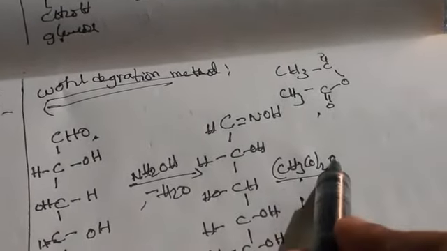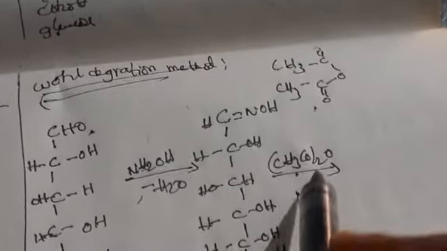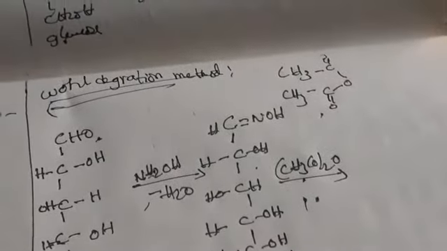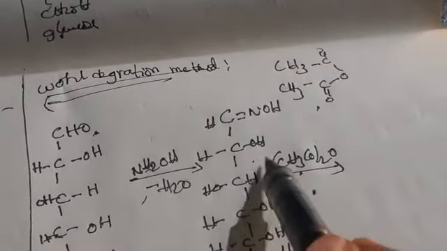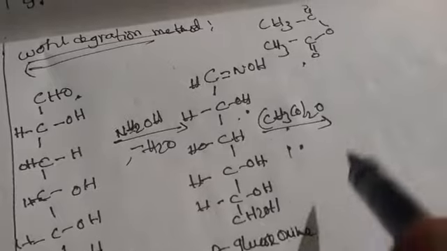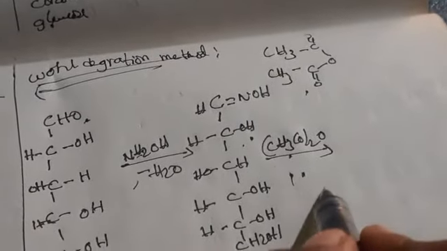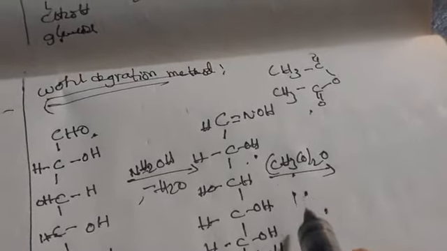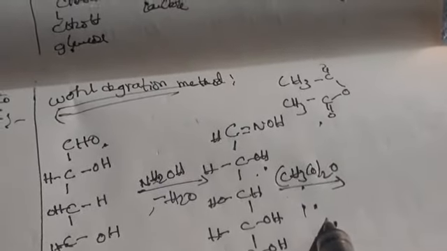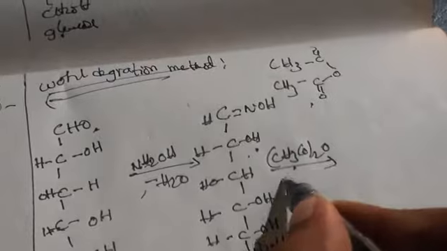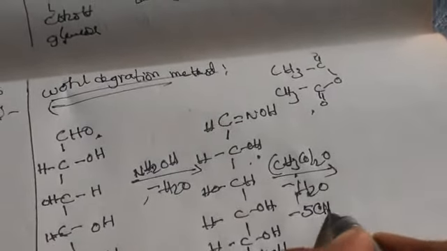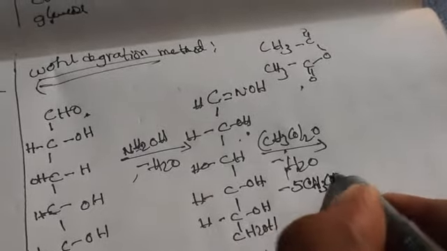When we are treating with acetic anhydride, what happens? The OH groups present are converted into acetates, with loss of a water molecule, minus H2O, and also minus 5 CH3COOH.